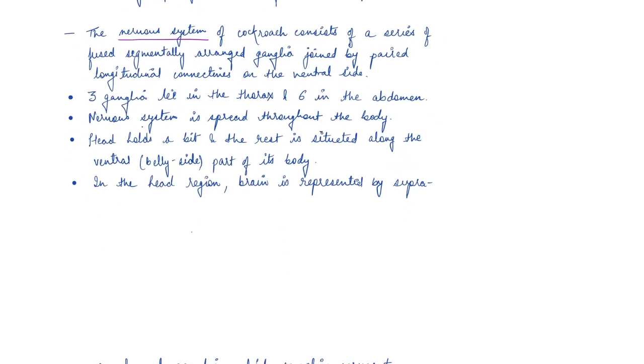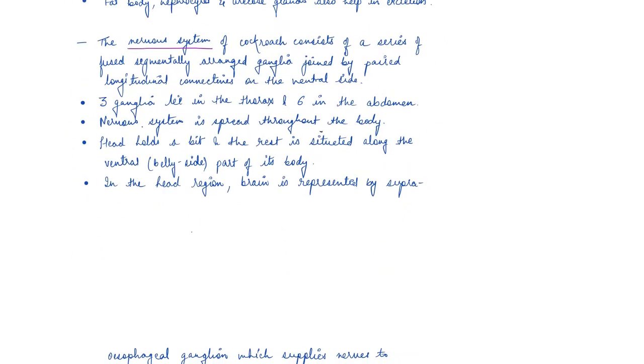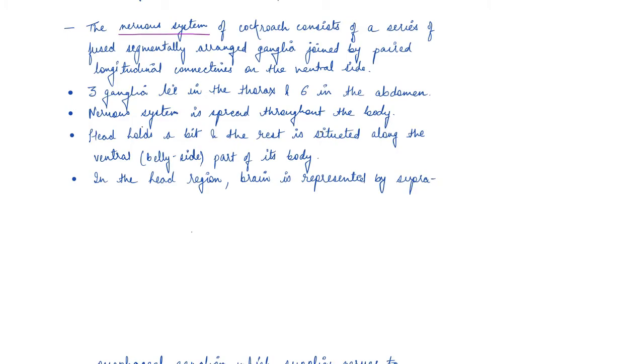Now the nervous system of cockroach consists of a series of fused segmentally arranged ganglia. Basically the ganglia are joined by paired longitudinal connectives, right? Three ganglia are in the thorax region and then you have six in the abdomen region.